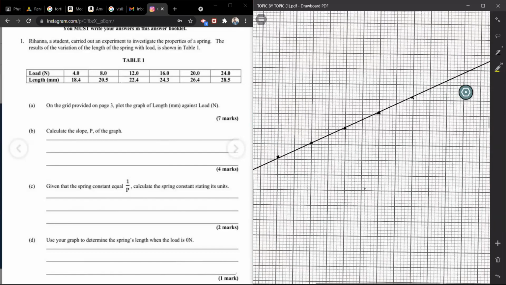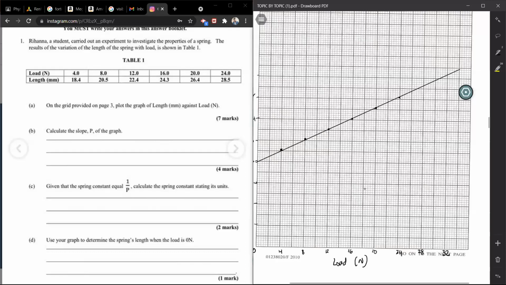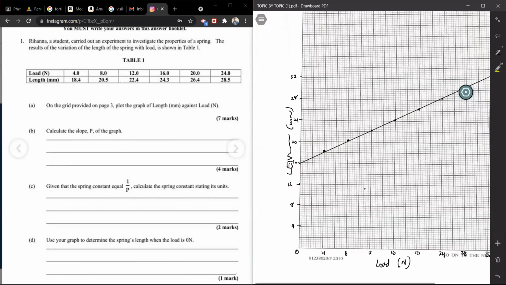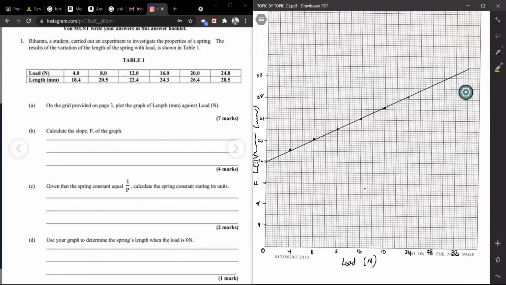So perhaps I can use... anybody find any nice points for this one? So 28 on the load. 28 on the load.